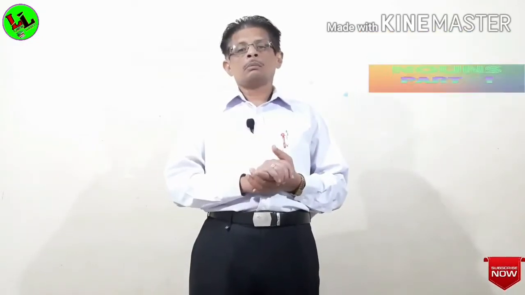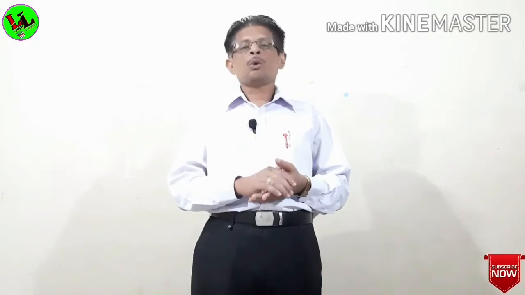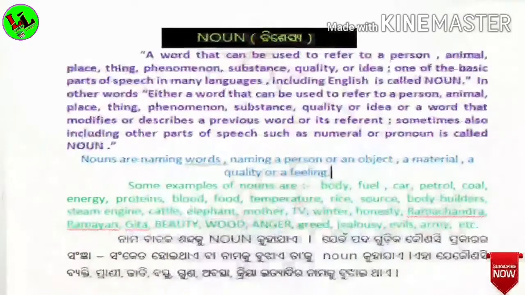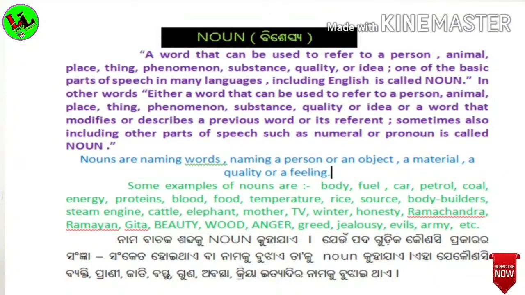Now, you see, what is a noun? A word that can be used to refer to a person, animal, place, thing, phenomena, substance, quality, or idea. One of the basic parts of speech in many languages, including English, is called noun.